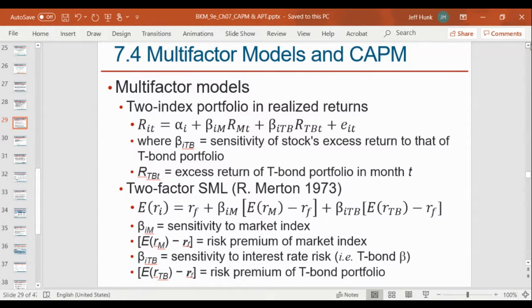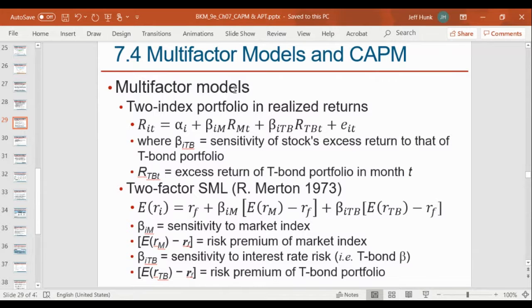But these people came up with alternative models as a result of the critique. So obviously, as I said, multi-factor models came out, because they all were claiming that market beta alone is not enough.